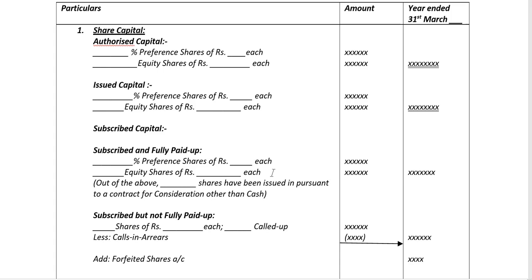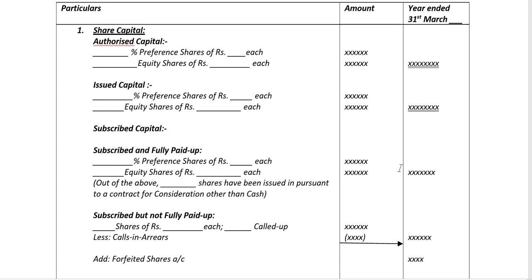And the same goes for the equity shares. Now, below this, we need to write the number of shares which have been issued for consideration other than cash. Not for cash, but for some other asset, let's say land, building, etc. So this has to be mentioned via a note.